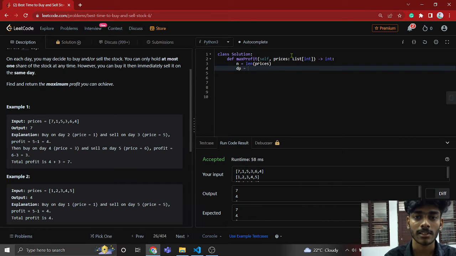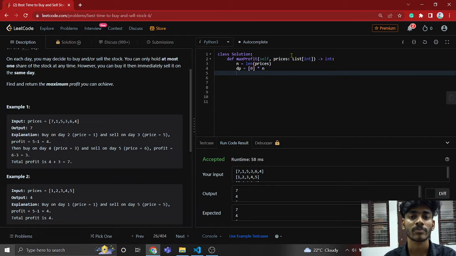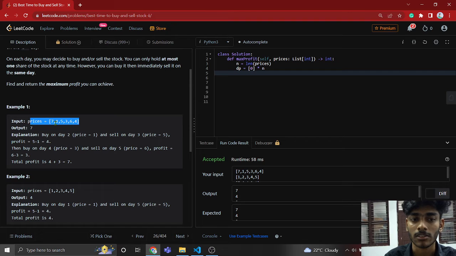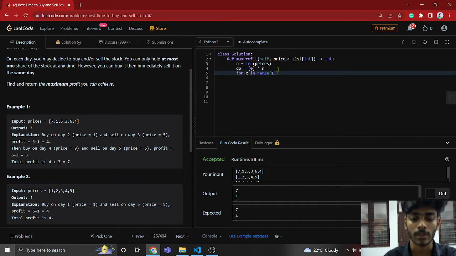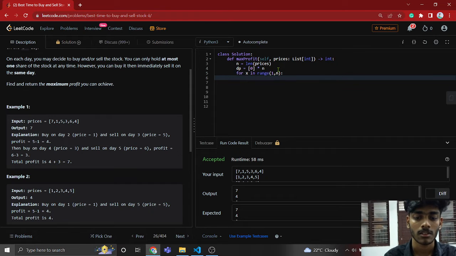Basically, we need to multiply the list of zeros by the length of the prices, so that the output will be like 0 0 0 into 6. So now we iterate for x in range from 1 to n, and dp[x] is dp[x-1] plus max of 0 and prices[x] minus prices[x-1].